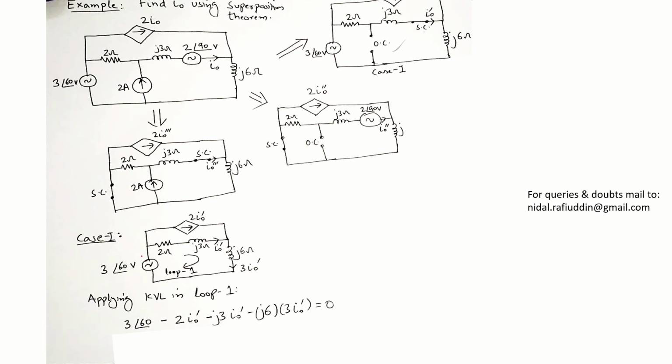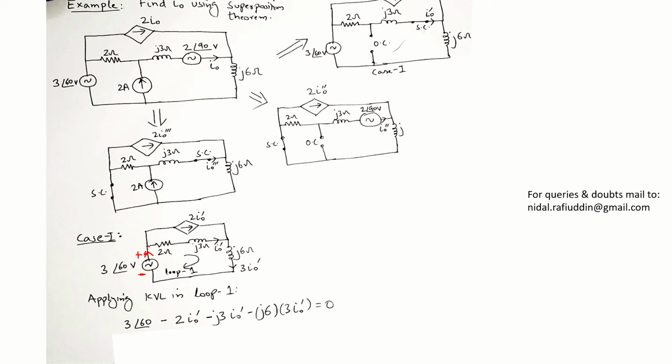So it's better that we apply KVL on instantaneous values, which means that for a particular time instant I assume that this is positive while this is negative, and the direction of current is coming from the positive side, whatever that current be, that is 3 I naught dash.